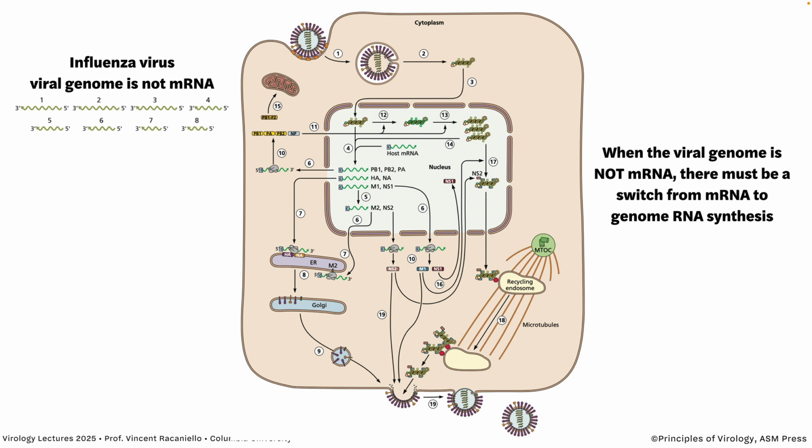And each of these serves as a substrate for the production of mRNAs, which go out into the cytoplasm and make their proteins. And eventually, when the levels of nucleoprotein get high enough, you switch from mRNA synthesis to full-length plus strand synthesis, and then you get minus strands, which can come out and be incorporated into new virus particles. So again, the switch from mRNA synthesis to full-length plus strands is mediated by the nucleoprotein.